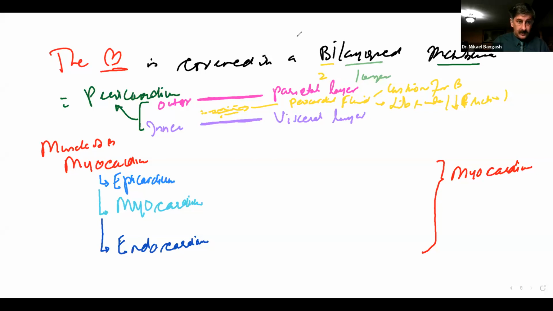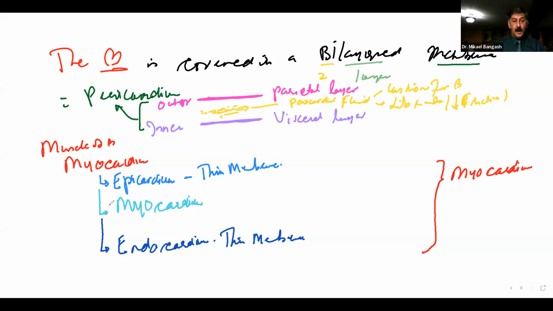Now, dear students, the epicardium is just going to be a thin membrane. Likewise, the endocardium is a thin membrane. Clear?